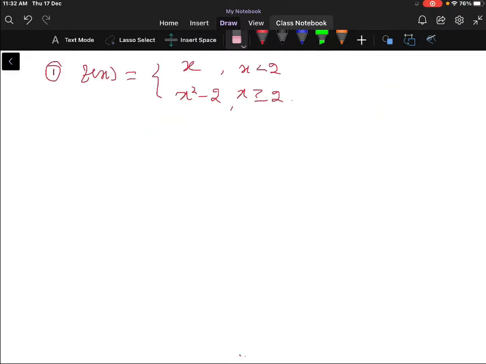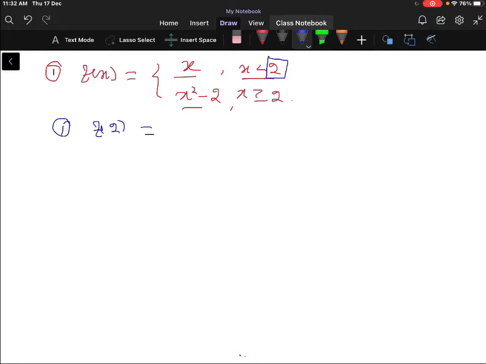Now consider the example f of x is equal to x when x is less than 2, and f of x is equal to x square minus 2 when x is equal to 2 and greater than 2. Here we need to find out whether the function is continuous or not at x is equal to 2. To verify whether the function is continuous or not, there are 3 steps. First one, see whether f of 2 is defined or not.